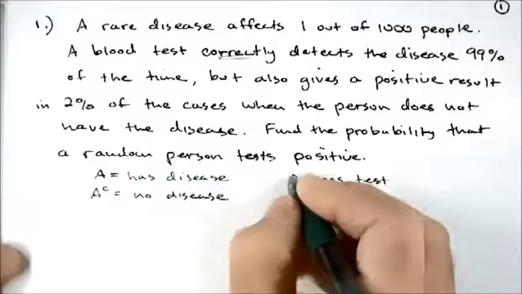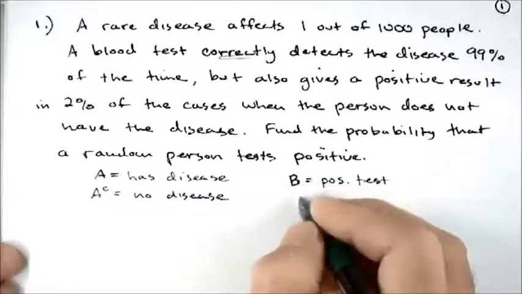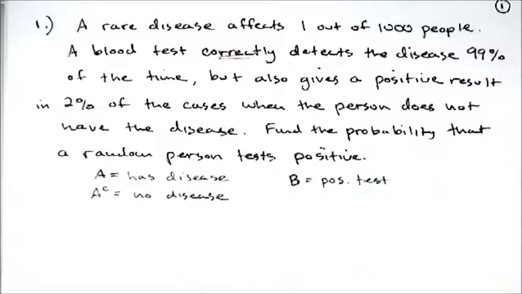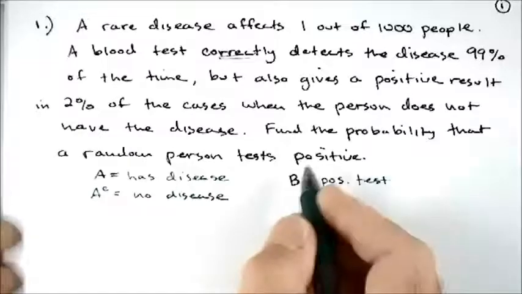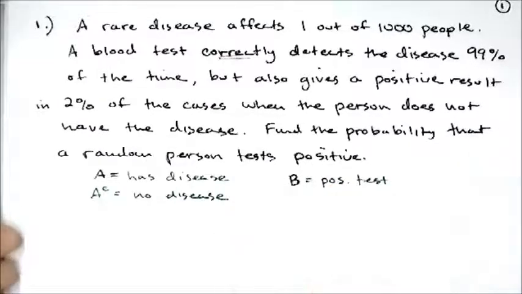I could also call the complement of B a negative test, but we're not interested in that. We're interested in people who test positive, so I'm not going to worry about the negative tests here.